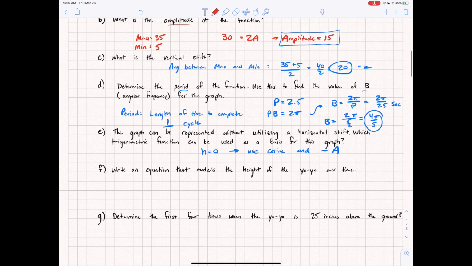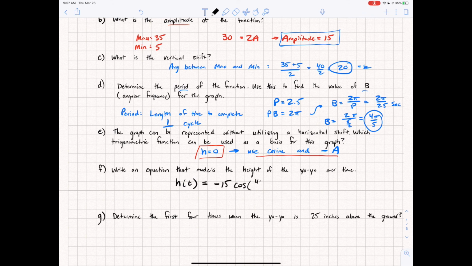All right, for now, we've got my h. I know that the requirement here for h is that I'm going to use cosine, and my a has to be negative. So let's go through and write out the equation for this. So the height at time t, so I'm going to use h for this, is equal to negative, well, my amplitude was 15. I have to use cosine.